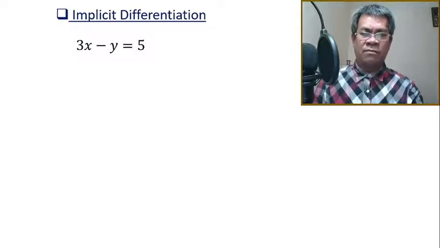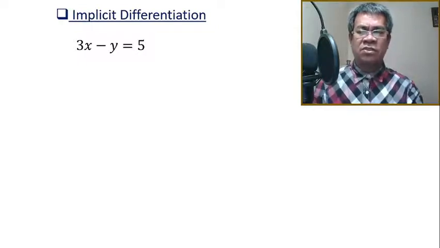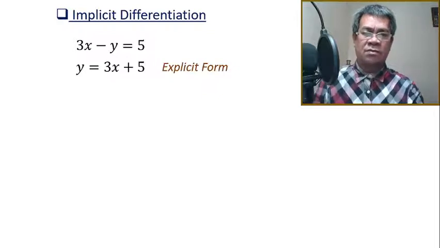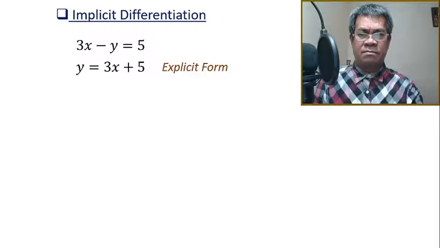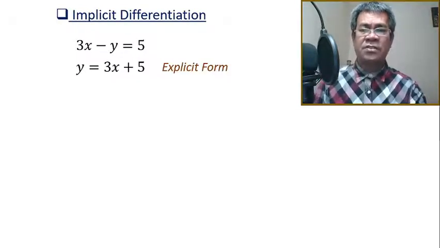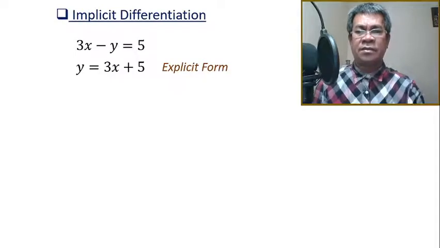But if we solve for y as a function of x, then this is a kind of explicit form. In our previous videos, talking about differentiation, we always adopted the explicit form of the function. So the above equation is called implicit form.